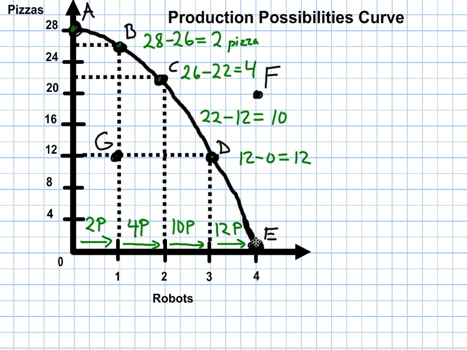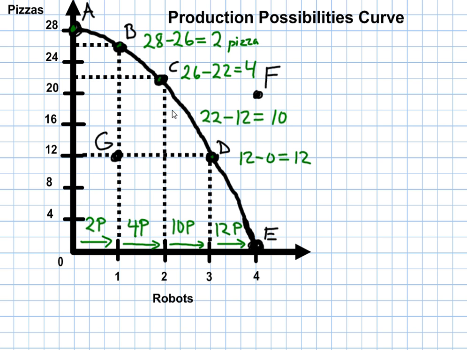One other quick thing to point out, the shape of this curve. Notice that from the point of view of the origin, it is concave, right? It looks like a cave I can walk into if I was standing here at the origin. So it's concave to the origin. It bows out. That is the typical appearance for a production possibilities curve. That shape is important.